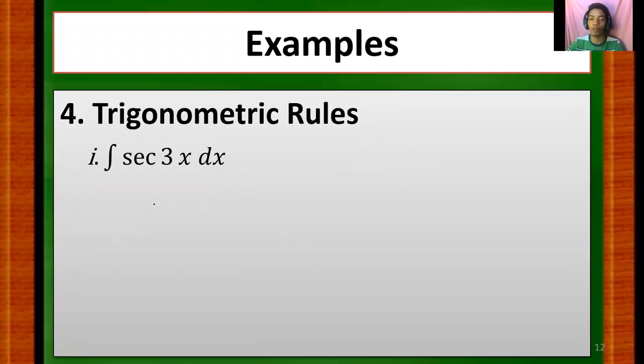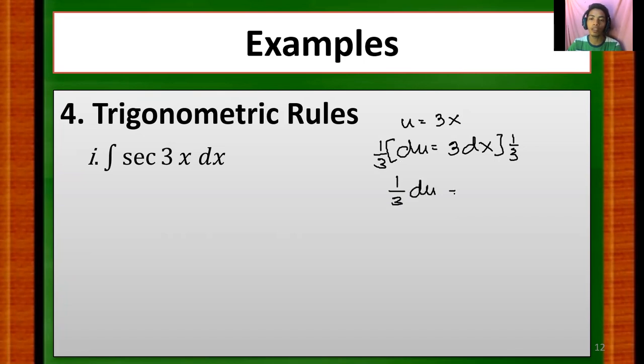So in this case, una munang gagawin ay magle-let u tayo. So our u is equal to 3x, and du is equal to 3 dx. And after that, imumultiply natin siya sa 1/3 both sides. Okay? So magkakaroon ng 1/3 du is equal to dx kasi cancel na to.